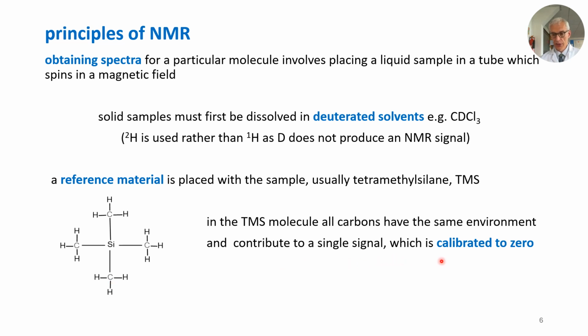And it's agreed to calibrate the scale to 0 at the TMS, at the tetramethylsilane absorption. TMS is also non-toxic and chemically inert, so it doesn't interfere or change the nature of a compound that is dissolved in a solvent.